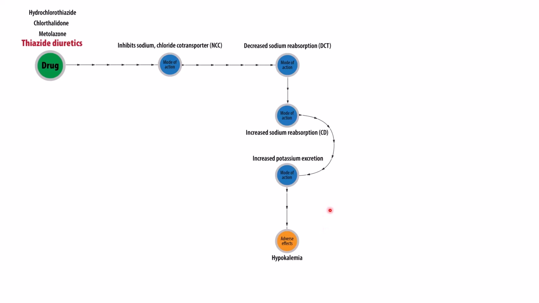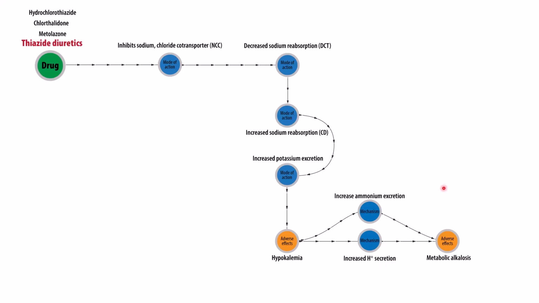Now, in turn, hypokalemia can lead to metabolic alkalosis, which is another common side effect of thiazide and loop diuretics. And that occurs by three main mechanisms. One of them is increased hydrogen ion secretion along the collecting duct. Another is increased ammonium production and excretion along the proximal convoluted tubule. And the third is an increase in hydrogen ion uptake into cells in exchange for potassium.